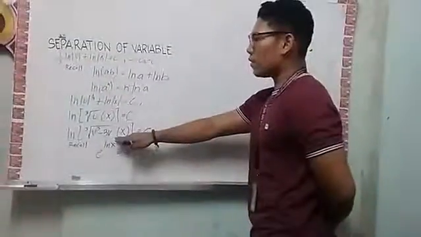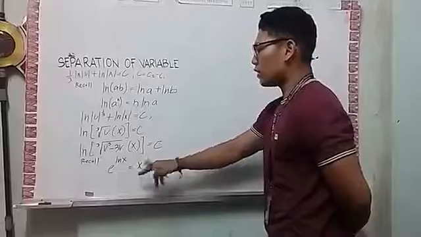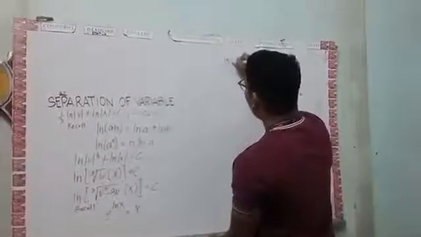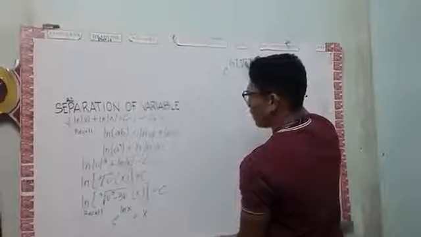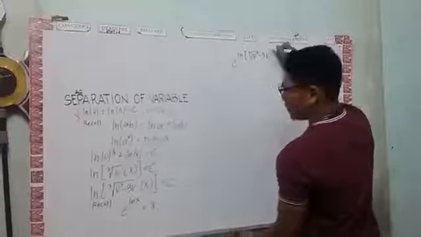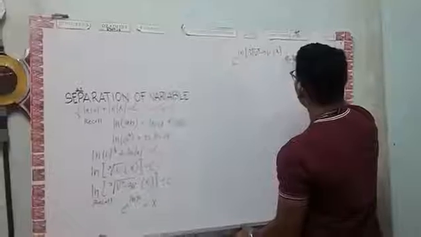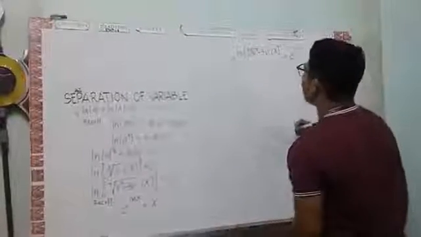Let's apply this to the equation using the properties of the exponential function, which is e to the ln x equals x. So ln of cube root of v cubed minus 3v times x equals e to the c.